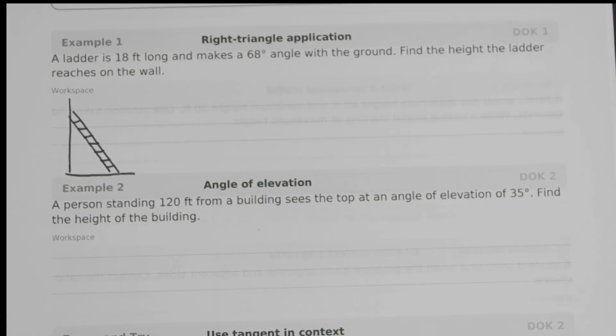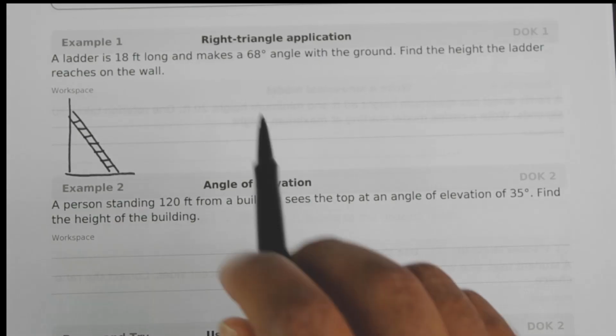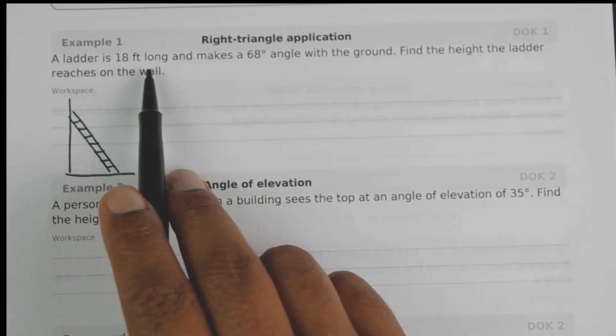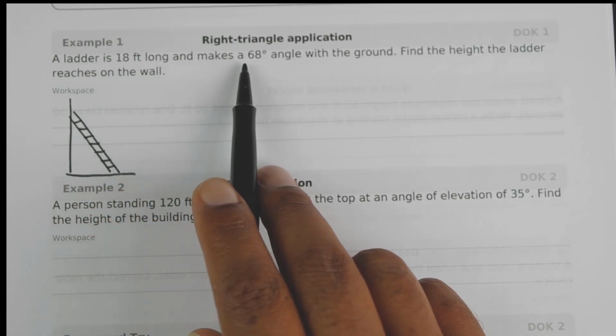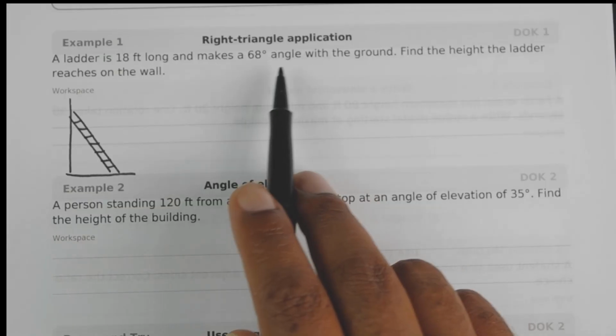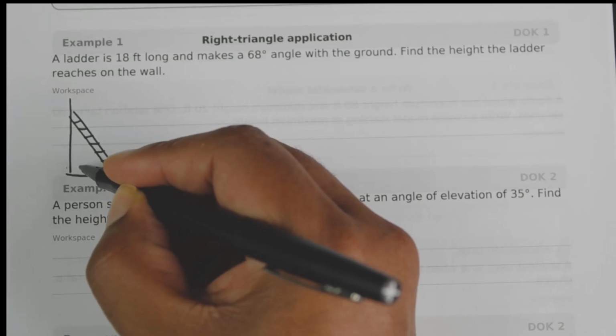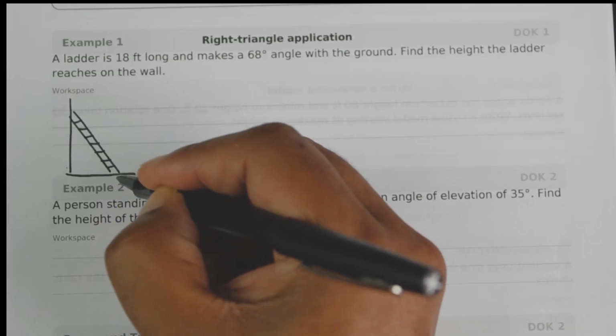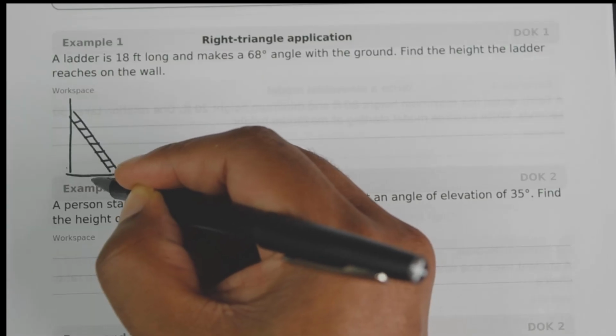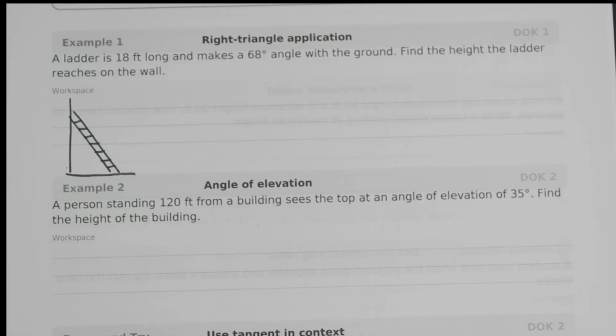The height on the wall is opposite the 68-degree angle, because the ladder is 18 feet long and makes a 68-degree angle from the ground. So this angle right here that it makes from the ground is 68 degrees.